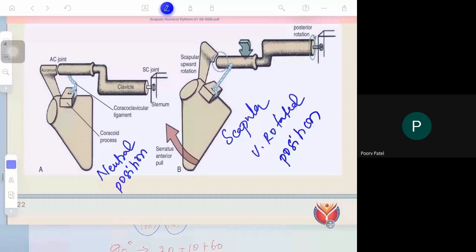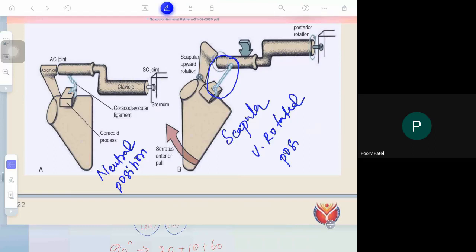Clear? So what you can see from these two diagrams is that the coracoclavicular ligament is slack or lax. But here you see the coracoclavicular ligament is taut.